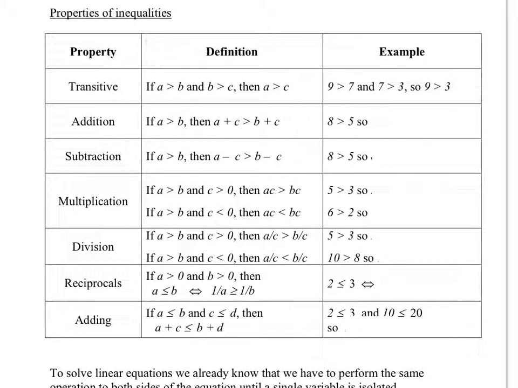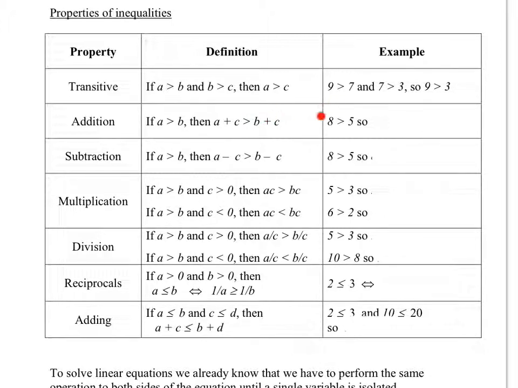And then another very simple property is that you can basically add a number to both sides of an inequality. So for example, if you have A is bigger than B, then you can add C to both sides of that inequality.